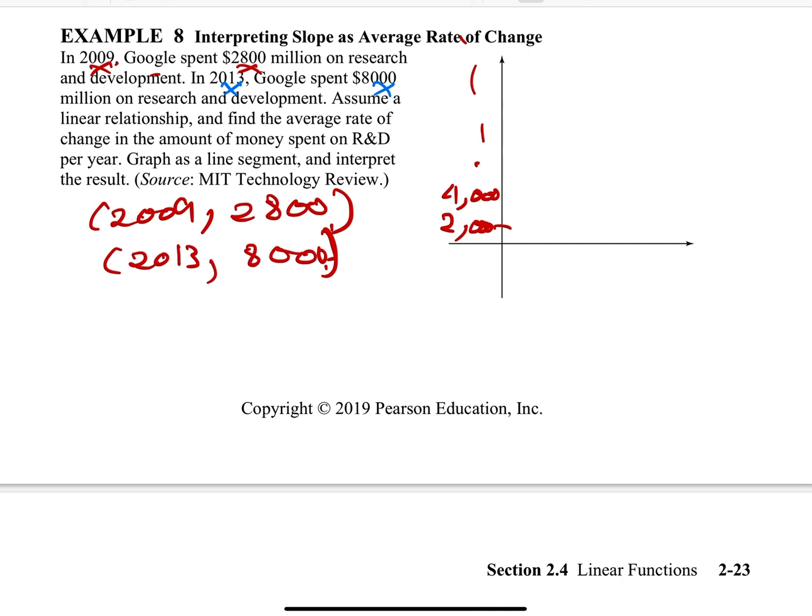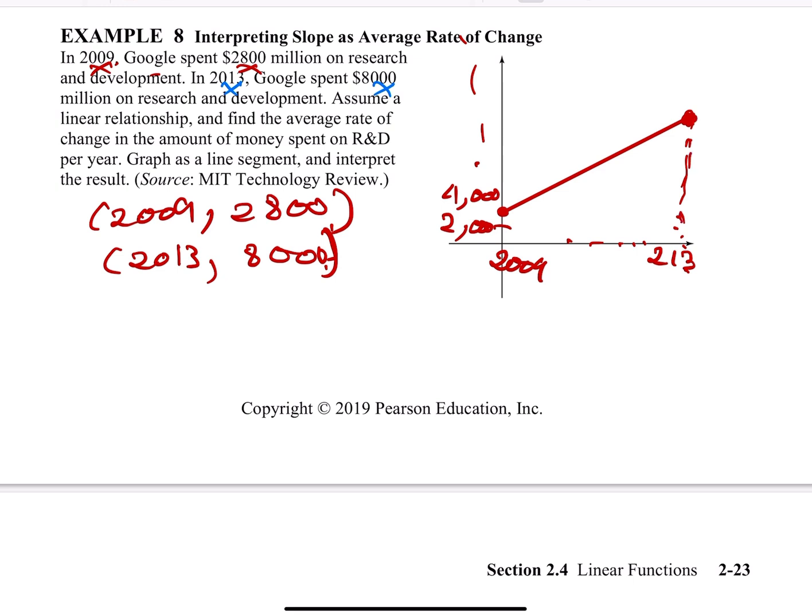And here also try to use 2009 and so on and keep going until you reach 2013. So your slope then will be just like this. But here you have to stop because it's just 2 points.